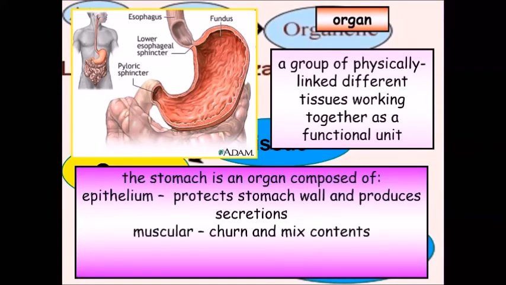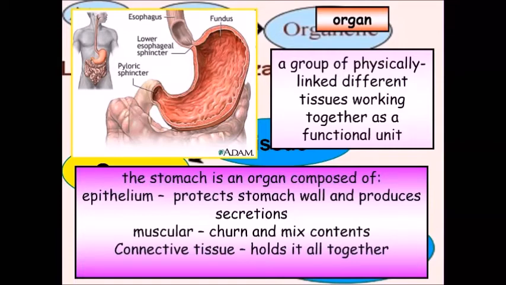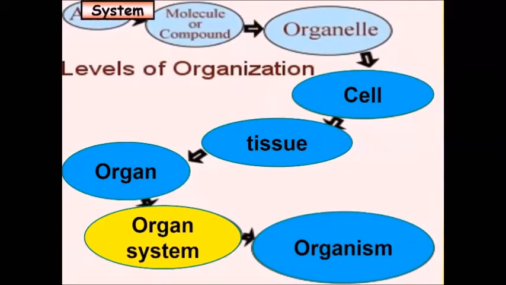We've got the muscular tissue to churn the contents, mixing it all together to produce chyme, which then leaves to go into the intestines. We have the connective tissue holding everything in place. And also there's glandular tissue which makes secretions, and blood vessels which allow oxygen and glucose to get to the cells.